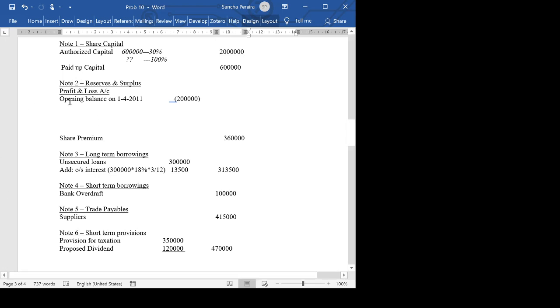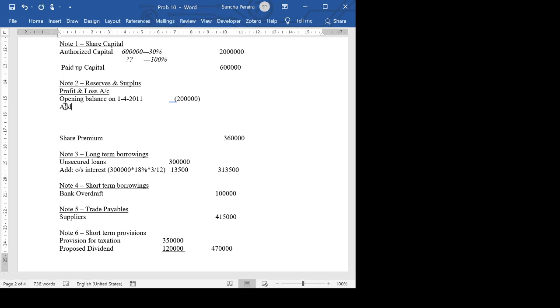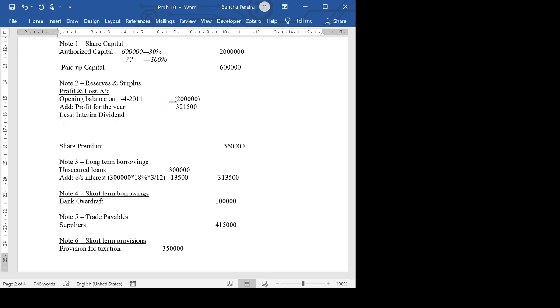Opening balance we know, add profit for the year 3,21,500. From this we subtract the dividends, less interim dividend, and we also have proposed dividend. The dividend is always appropriated from the profits.